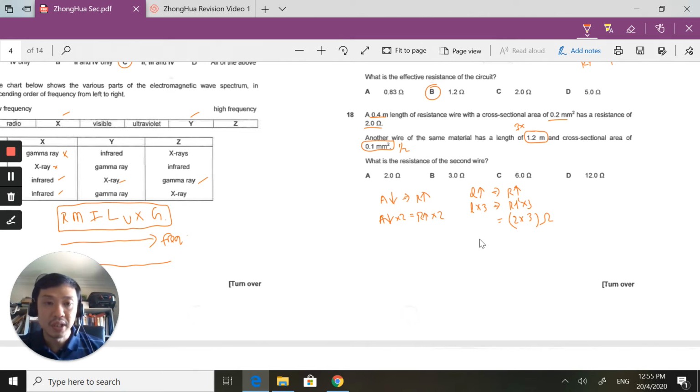So therefore, now I'm going to bring this value over here. I already have 2 times 3 here. I have to increase it by another 2 times. So it's 2 times 3, which is 6, times 2, which is 12. And this is my final answer, 12 ohms. Okay?